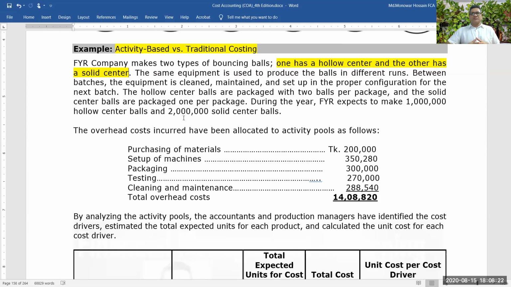The hollow center balls are packed with two balls per packet and the solid center balls are packed one per package.